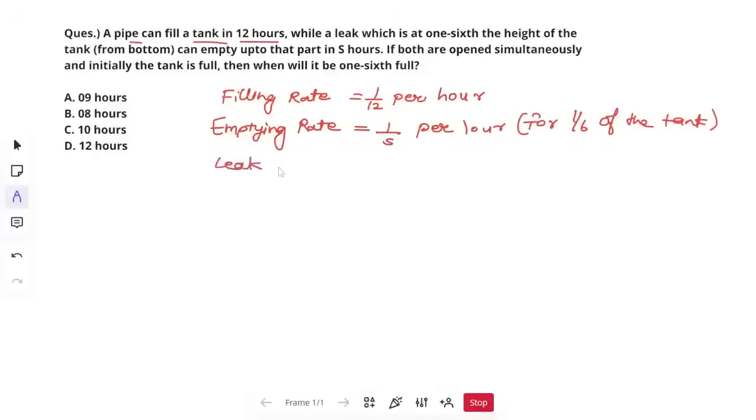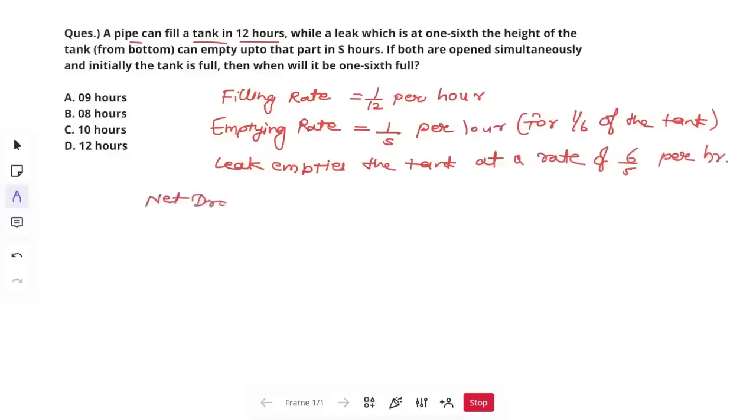Leak empties the tank at a rate of 6/S per hour. Now net drainage rate is what? Net drainage rate is filling rate minus emptying rate.